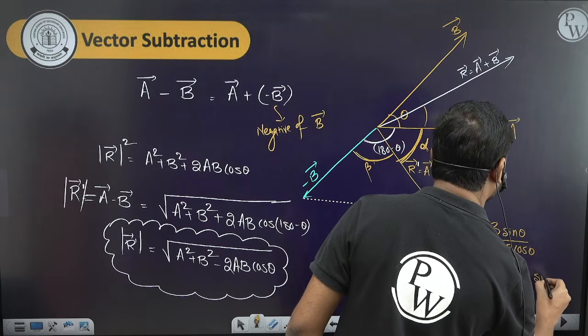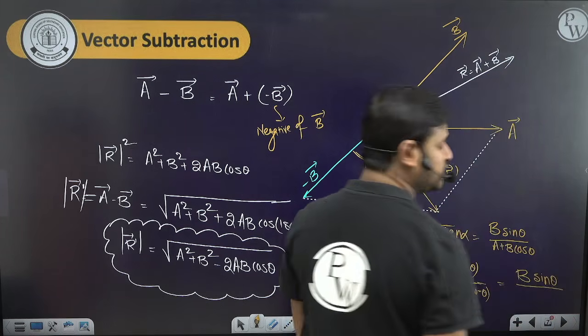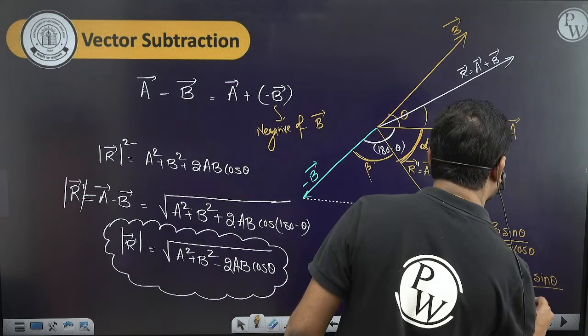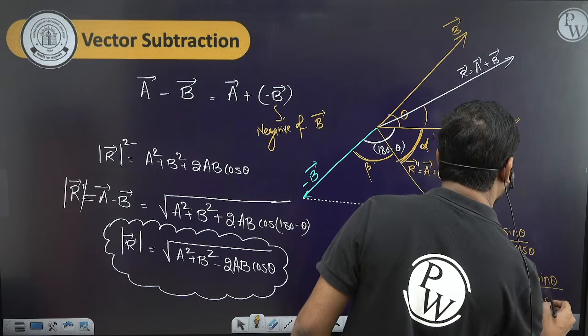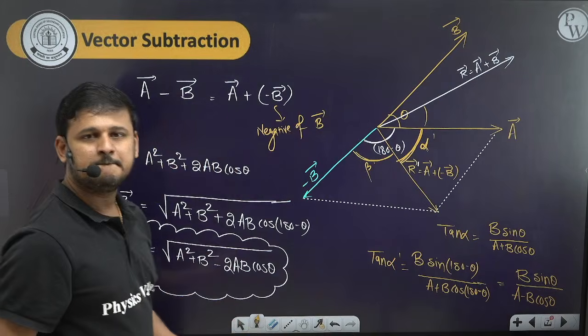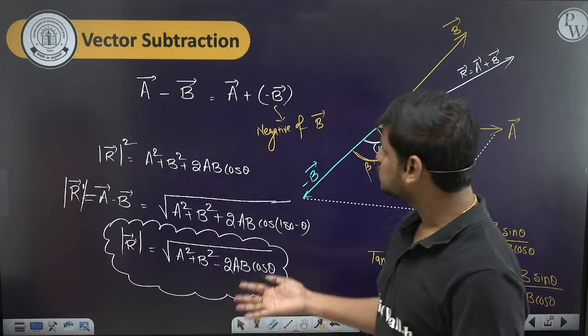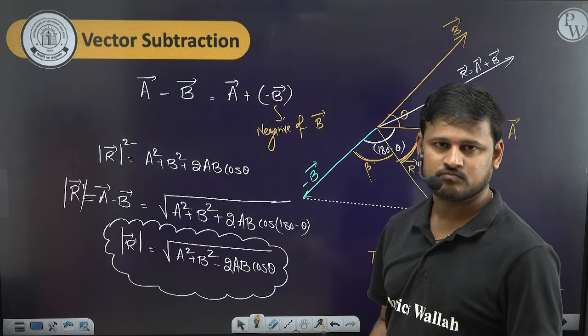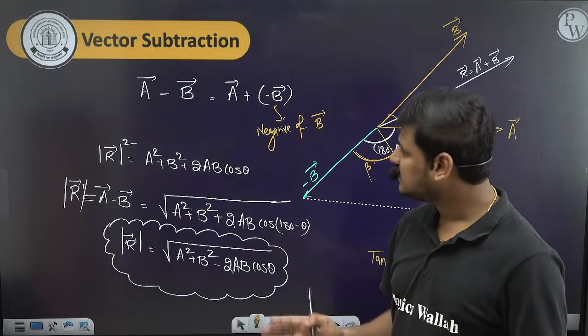In the second quadrant sin is positive, right? So then cos of 180 minus theta is minus cos theta, therefore a minus b cos theta. So this is the direction and this is the magnitude, that's it. So that means the vector subtraction is also the kind of simply addition. Yes or no? Understanding? Sure.